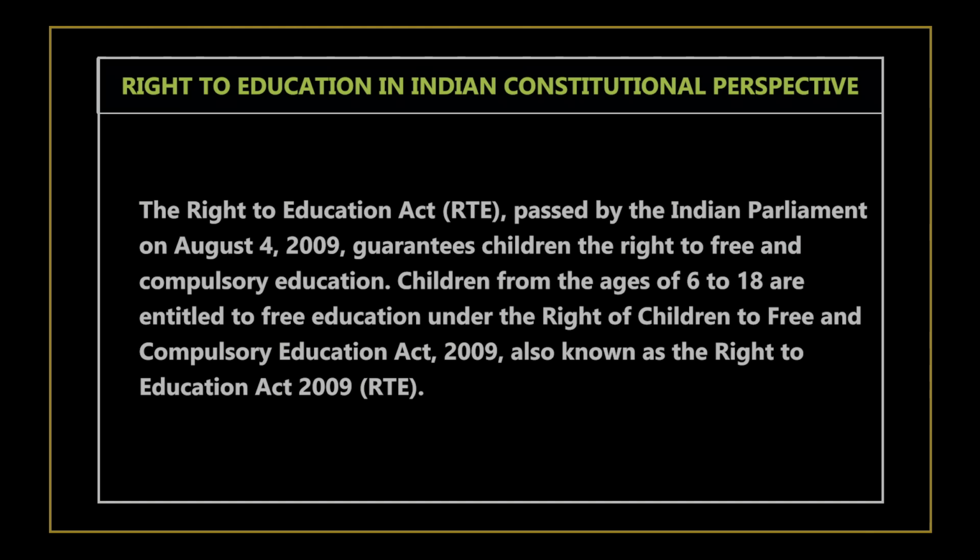The Right to Education Act (RTE) was passed by the Indian Parliament on August 4, 2009. It guarantees children the right to free and compulsory education. Children from the age of 6 to 18 are entitled to education under the Right of Children to Free and Compulsory Education Act 2009, also known as the Right to Education Act 2009, RTE.